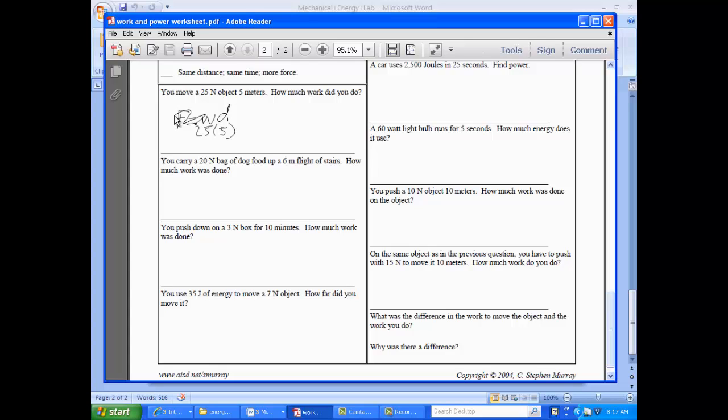So 25 times 5 equals work. How much work did you do? 5 joules.